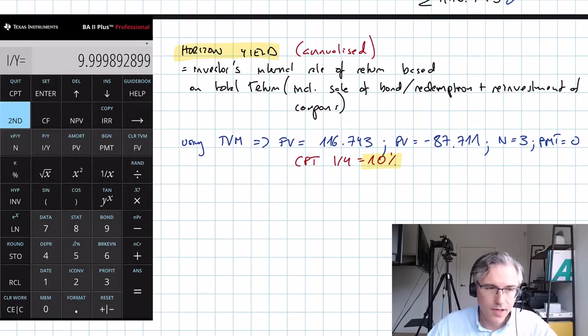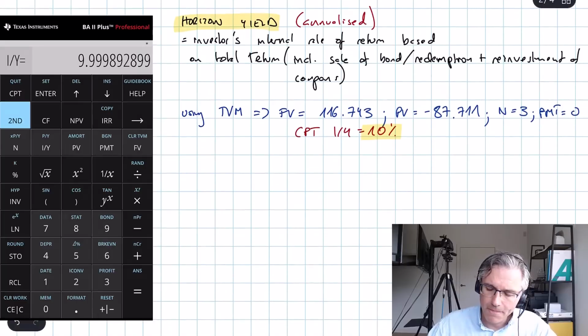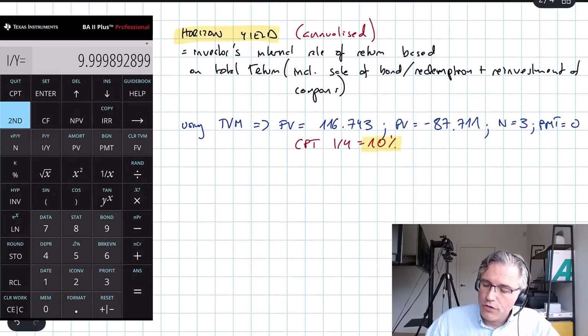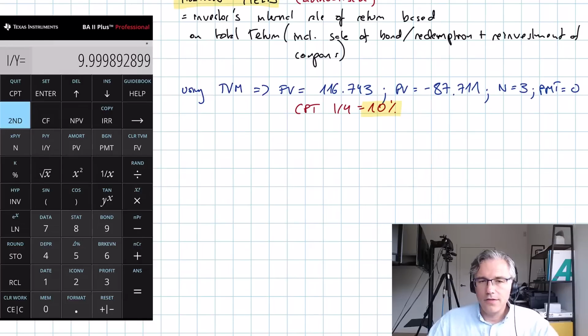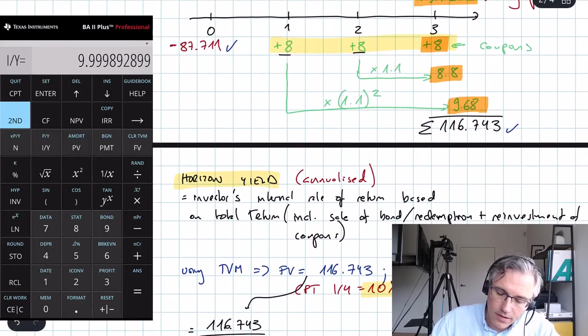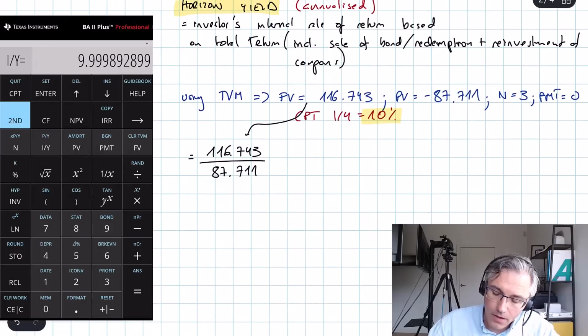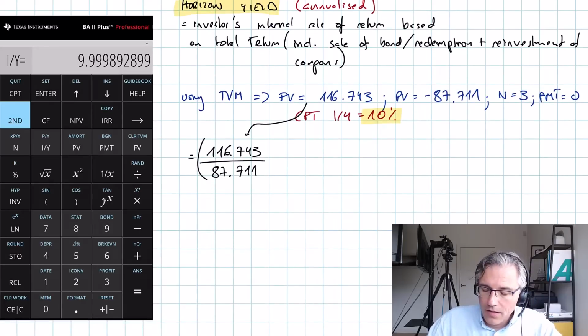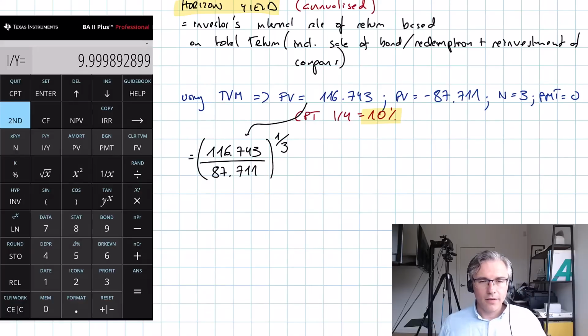Right, let's do the same computation, but in a different way. What you could just as well do, and I think this is easier than using the time value of money, is to say this is equal to 116.743, this amount divided by 87.711, that's the initial price paid, raised to the power of 1 over 3, that's like taking a root with the exponent of 3, and deduct 1.